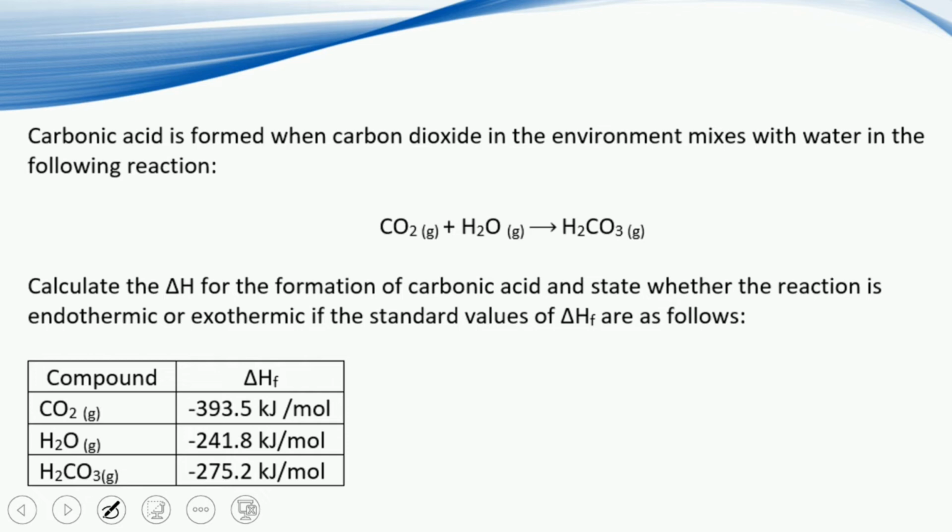Now, we haven't quite talked about heat of formation, but as a very quick thing, it's this symbol right here on the table on the bottom left side of the screen. It's delta H_f. And what that signifies, it's the heat of formation that tells us how much energy is required to produce or to break the particular bond in that compound. So for example, we have carbon dioxide, and it's telling us that it has a negative 393.5 kilojoules per mole.